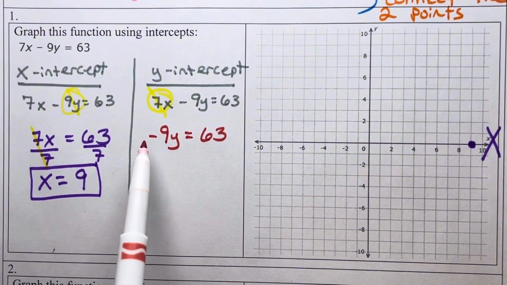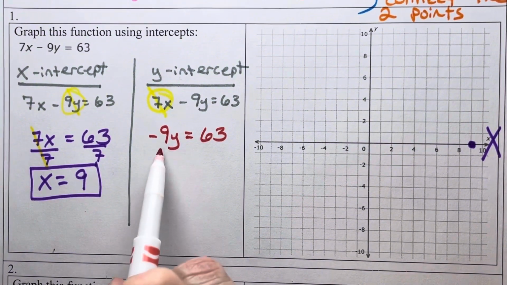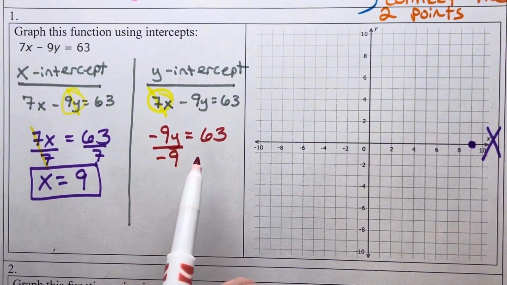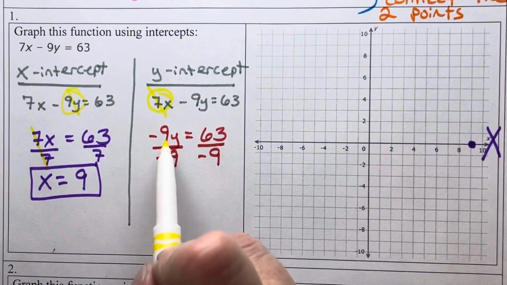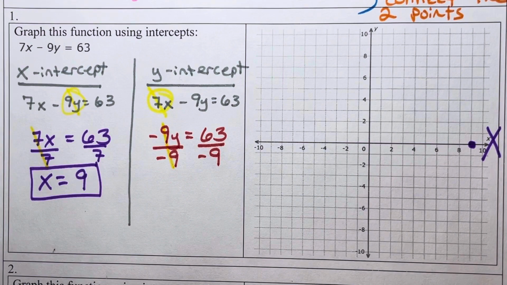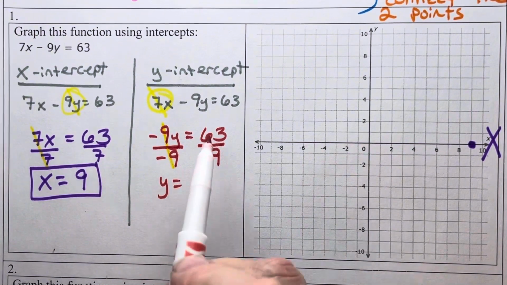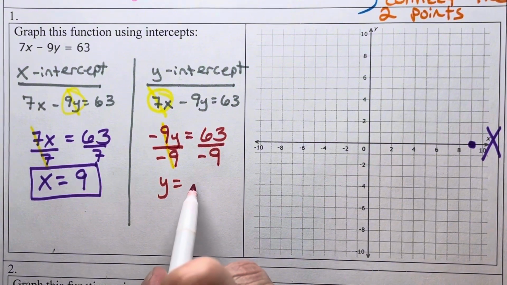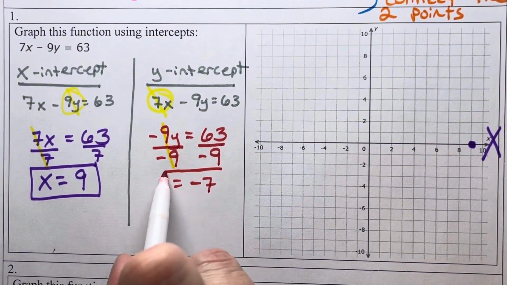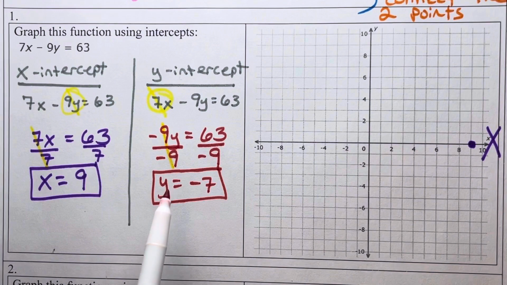Yep, since I have a coefficient with my y, we do need to solve by dividing that negative 9 on both sides of the equation. As a result, y equals 63 divided by negative 9, which happens to make a negative 7. Thus, the y-intercept of our equation is negative 7.